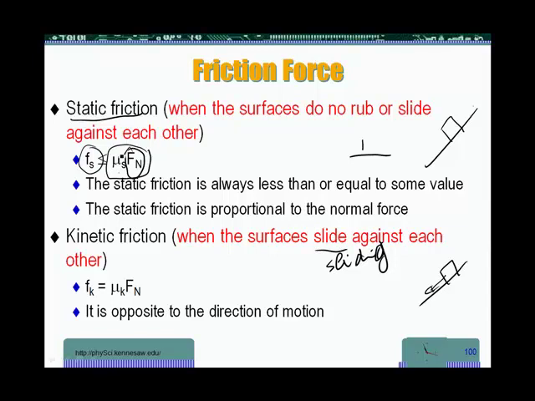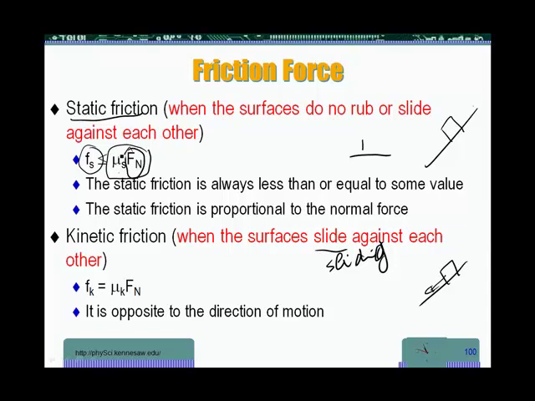The bigger the normal force, the bigger the friction force. And that makes sense. I'm sure you have tried it. If you are trying to pull on something or to get something to slide against the floor, if someone decides to come and sit on it while you are trying to slide it, it's going to become harder to get it to slide. That's because we are going to have a larger static friction force.